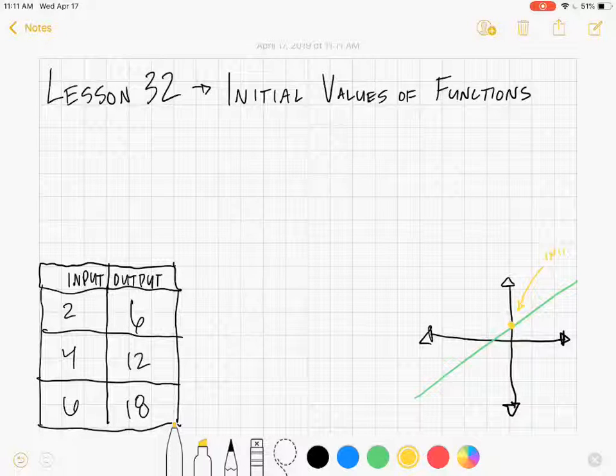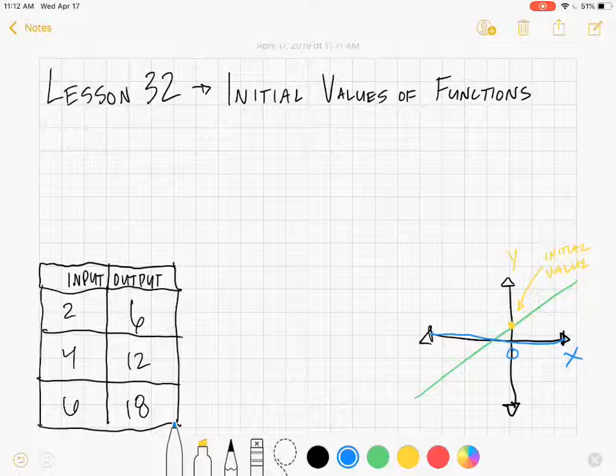We call that the initial value. It crosses the y-axis when x is 0. So when x is 0, that is our initial value on a linear equation.